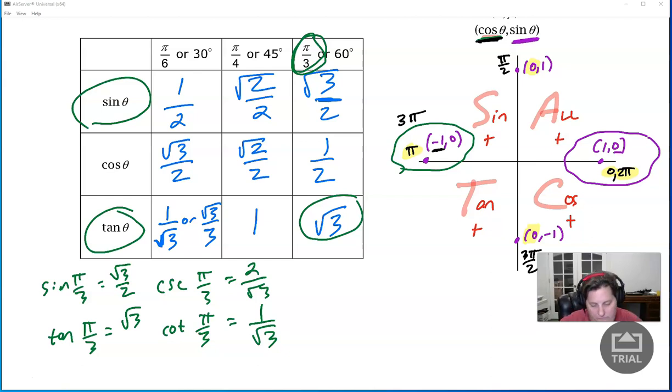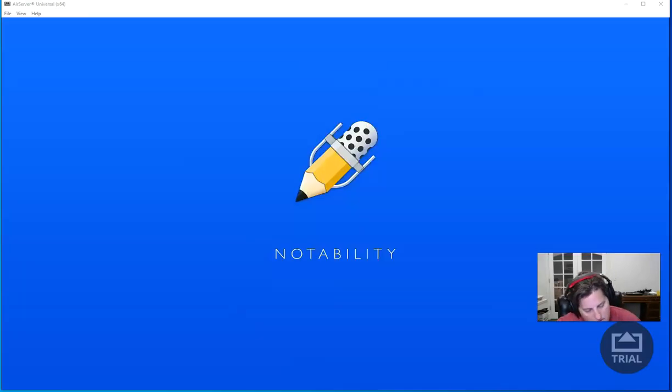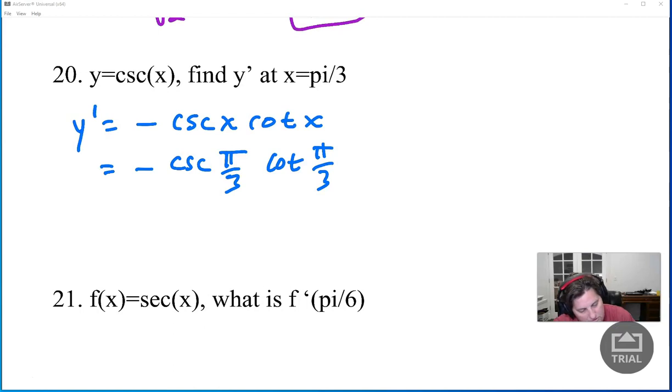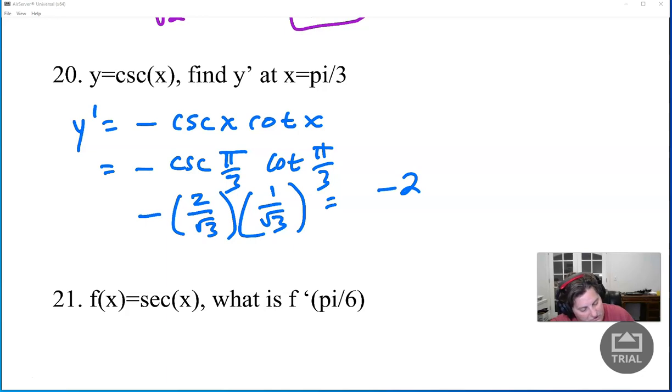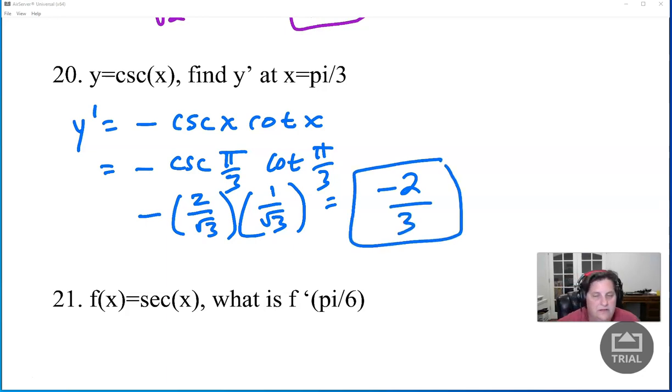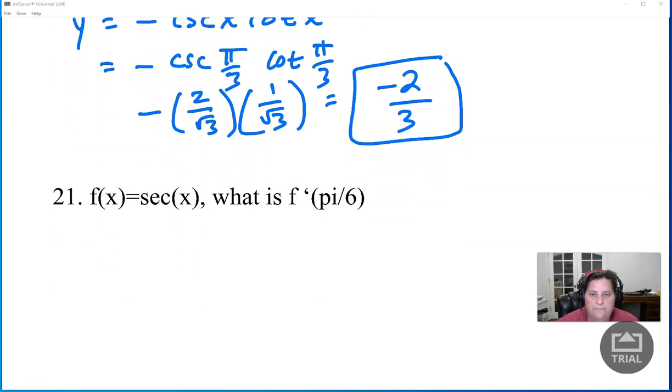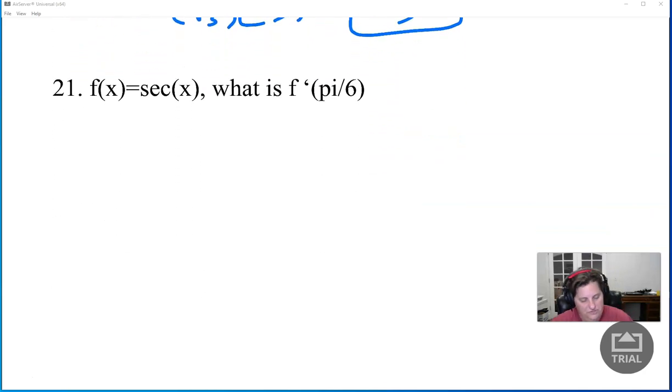Cotangent is 1 over root 3. So this is going to give me negative 2 over square root 3 times 1 over square root 3, which is negative 2 over 3. Beautiful.